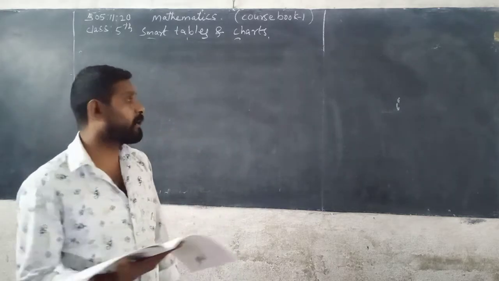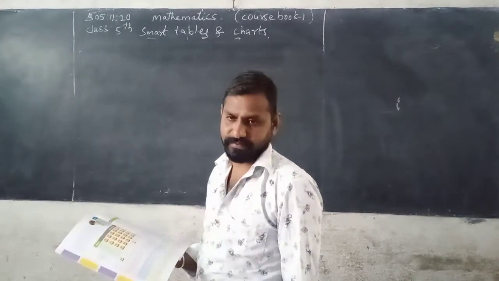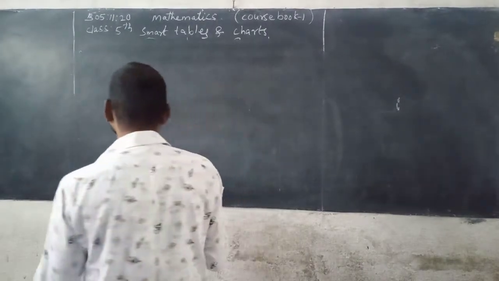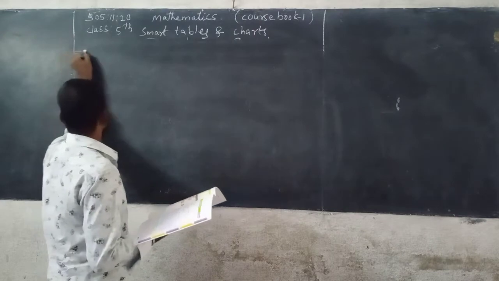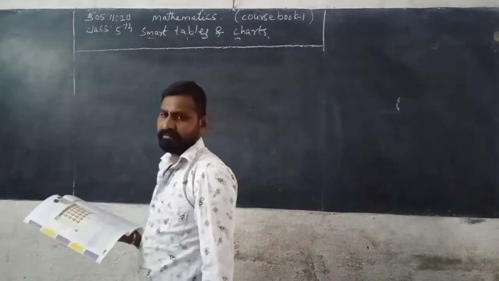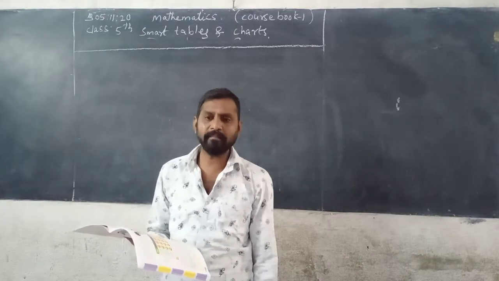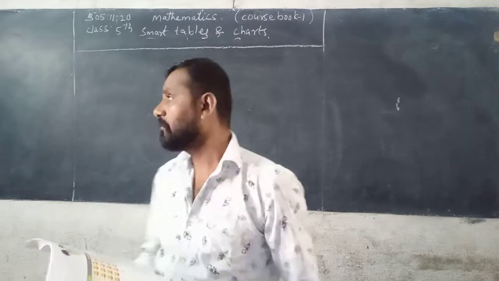See, according to the scale, you can draw a pictograph. Key. What is a pictograph? What is meant by pictograph? The given data, when written in the form of pictures, is known as a pictograph.